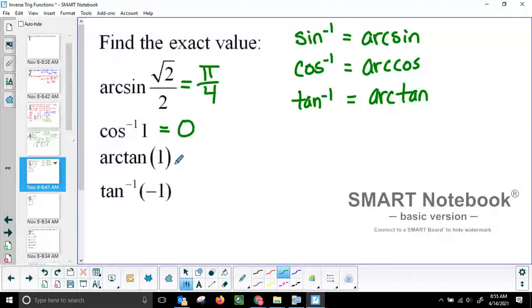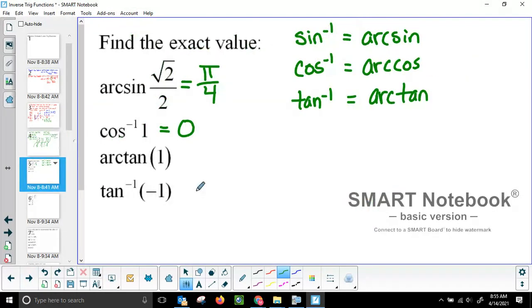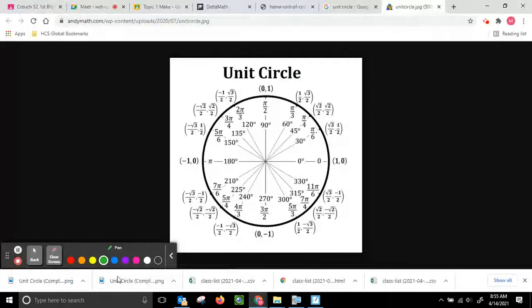All right, arctan of 1. Arctan, just like sine, is the right half of the unit circle. So we go over here, we look at our unit circle. Do remember that tangent is the y coordinate divided by the x coordinate. And on your unit circles that we filled out the first day in class, you should have all of the tangents filled out on there.